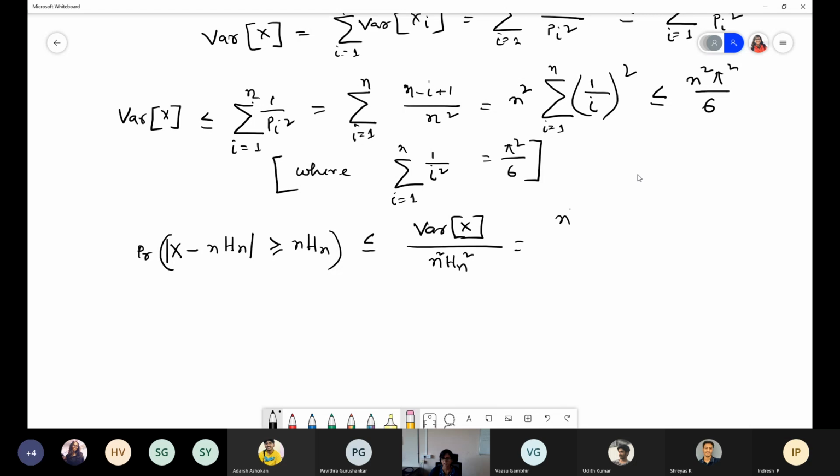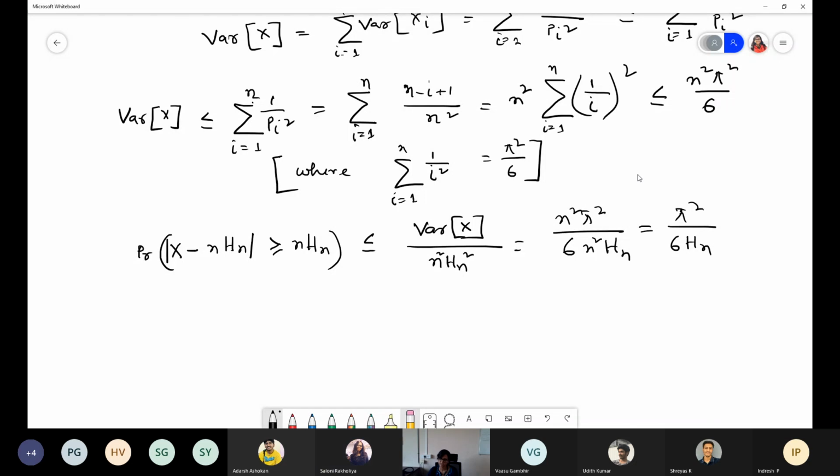This is n square pi square by 6 over n square Hn square. You tell me what is this? Pi square by 6 Hn.